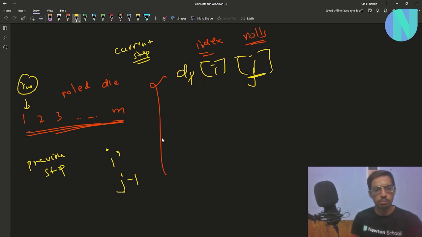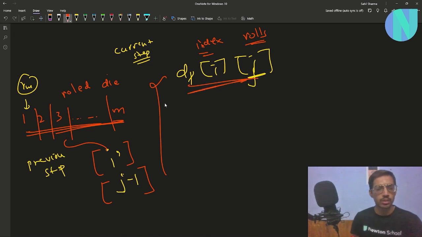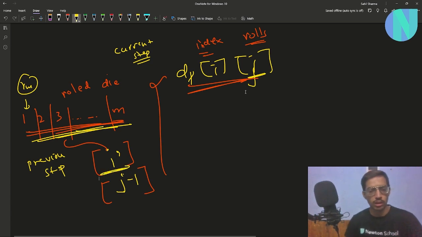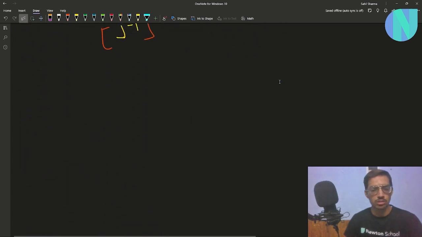So I will be at some index i dash with number of rolls as j minus 1, and I will be applying one of these rolls, and after applying one of these rolls, I will reach index i. So I have to compute my transition for every one of these rolls, and for every roll I have to find my corresponding index i dash, right? So that will be my transitions.